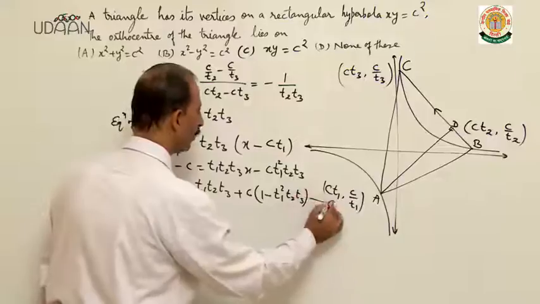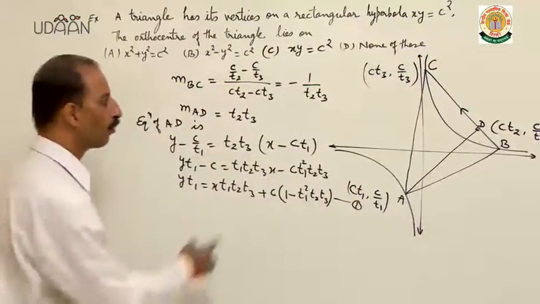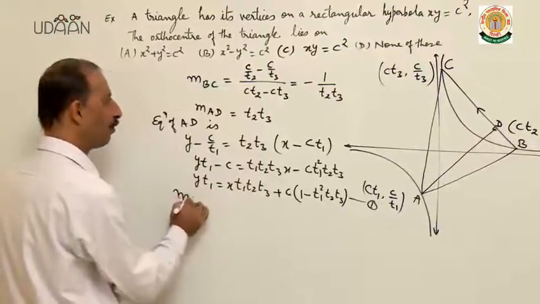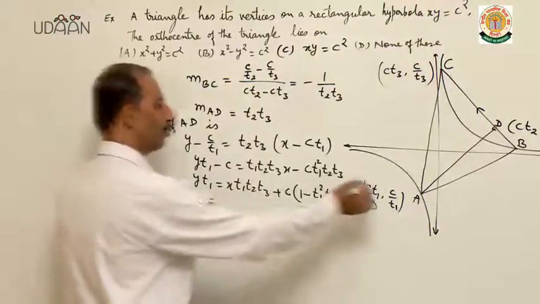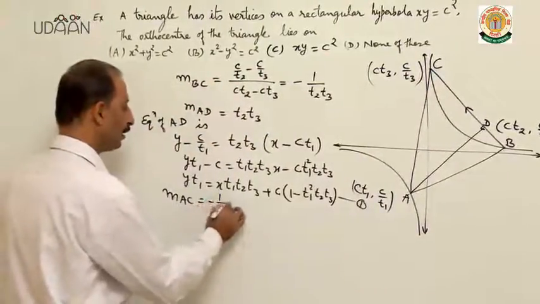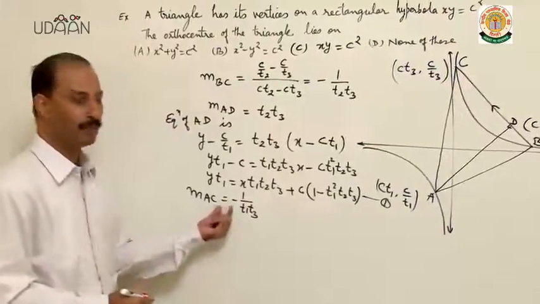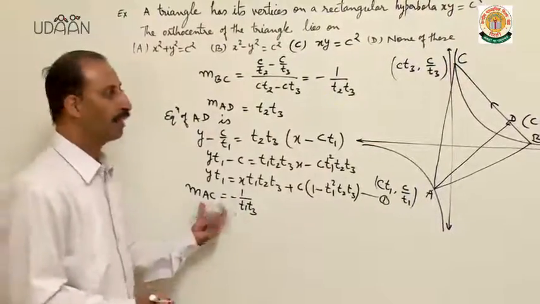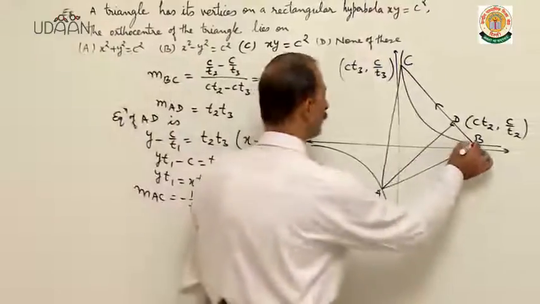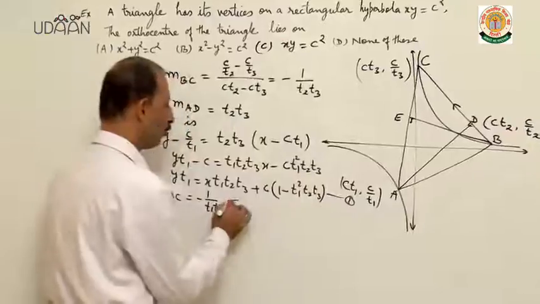Say equation number 1. Similarly, you can find the other altitude. So first of all, find the slope of AC. For the slope of AC, we use the coordinates of t1 and t3. You will get directly 1 upon t1 t3 multiplied by minus 1. This is the slope of AC. Then perpendicular to AC, you will get say BE. So what is the slope of BE?